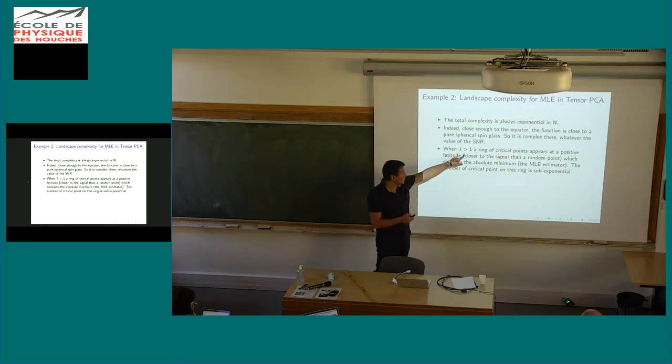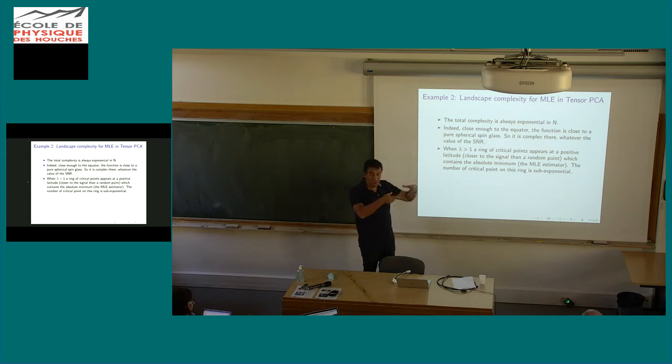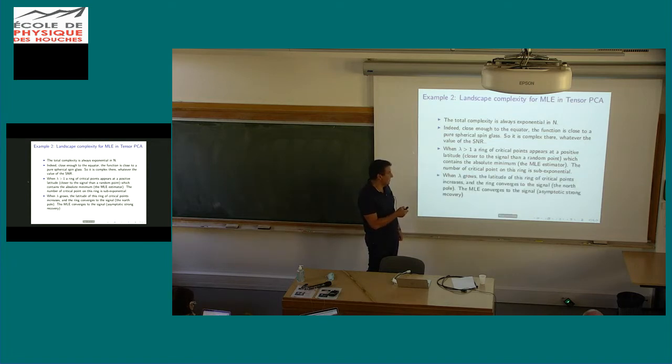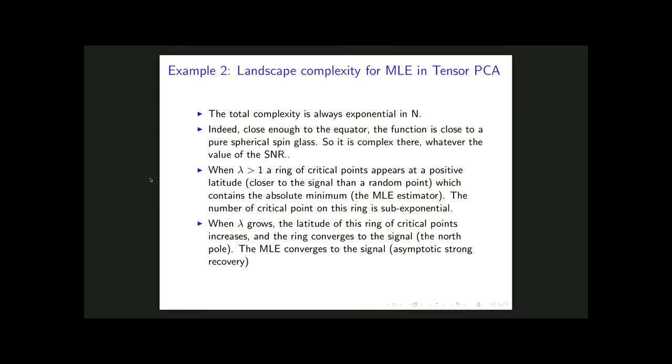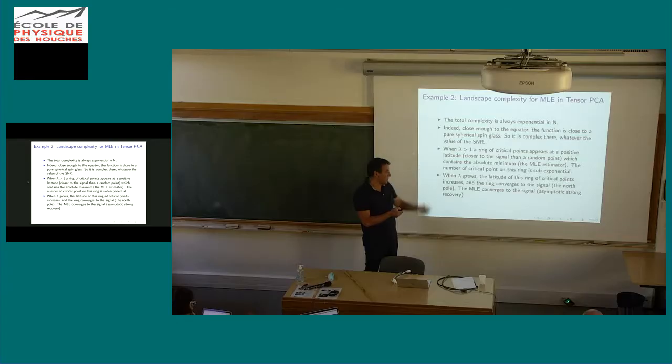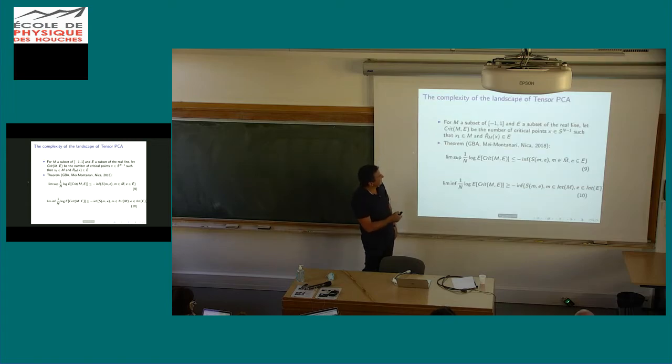When the signal is larger than 1, you have a ring of critical points which appears at positive latitude, closer to the signal than the equator, and that contains the absolute minimum. And the number of critical points there is sub-exponential. And when lambda grows, this latitude goes to the North Pole, as you can expect, and then the MLE converges to the signal. And this is what is called asymptotic strong recovery. This is weak recovery. Okay? That you can see in the landscape of this thing.